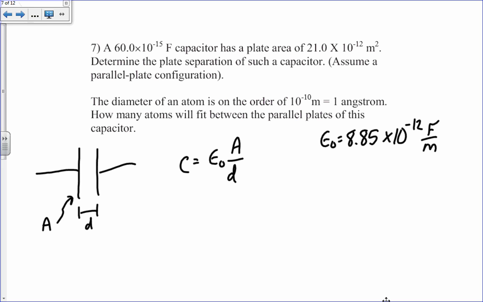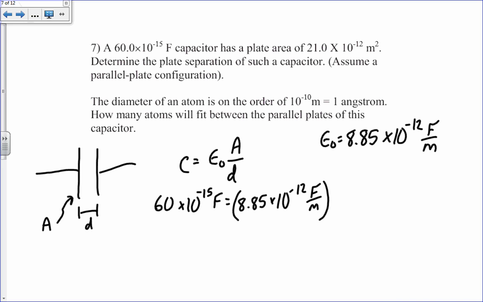I have my capacitance, 60 times 10 to the minus 15 farads, times A, which is given, over d. If I solve this for d, I find that d is equal to 3.1 times 10 to the minus 9.